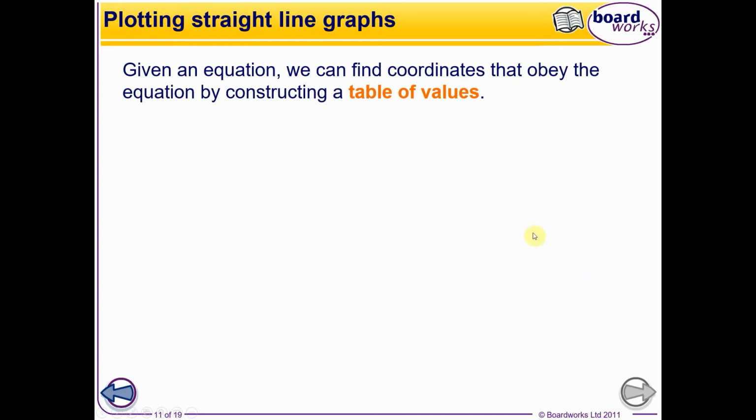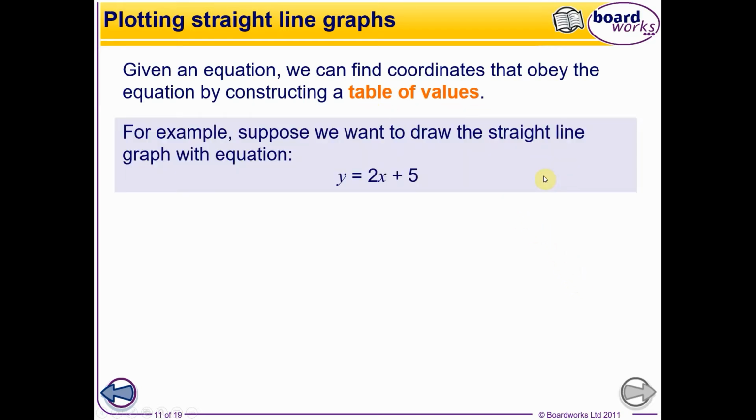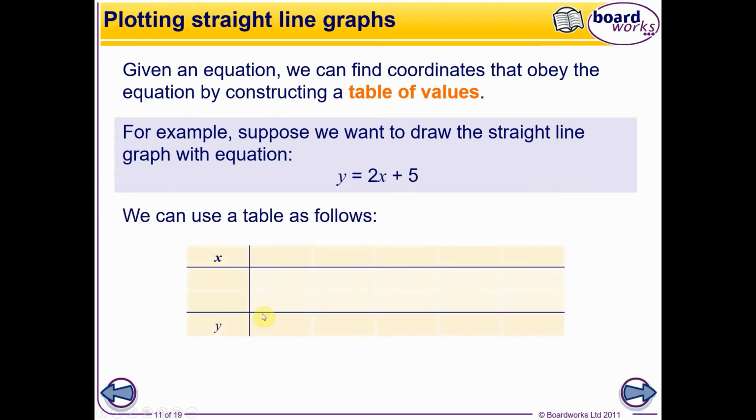Let's say that we want to plot this equation of the line y is equal to 2x plus 5. First, we need to find the values of x and y. So we use a table. We use this table to find coordinates that lie on the line that we're going to plot.